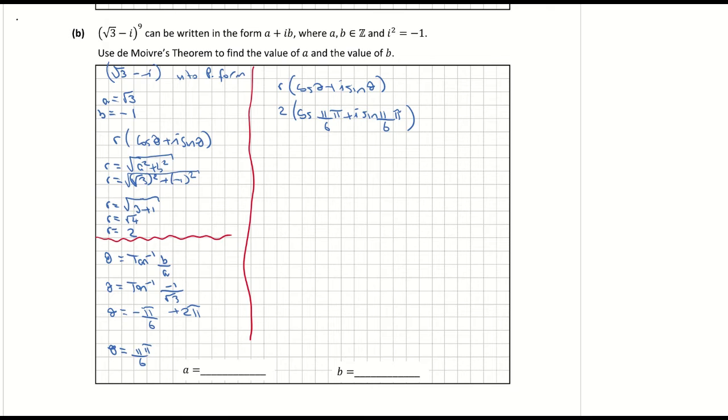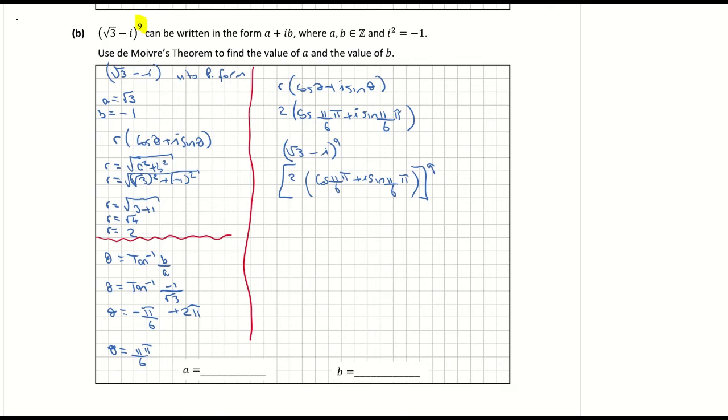Okay, next thing I need to do now is come back to the top of the question. What does it want? It wants us to evaluate it when it's to the power of 9. So I'm looking for the square root of 3 minus i to the power of 9, which is the same as my polar form, 2 times cos of 11 over 6 pi plus i sine 11 over 6 pi, all to the power of 9.